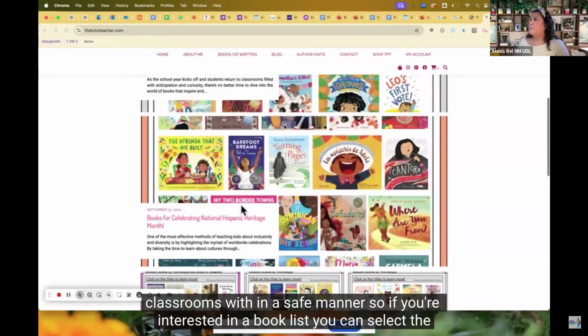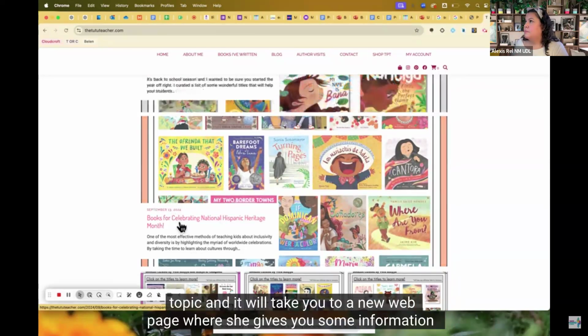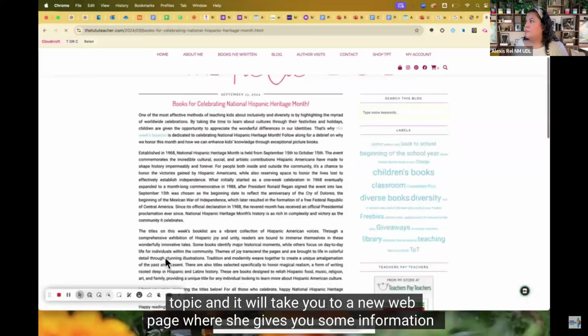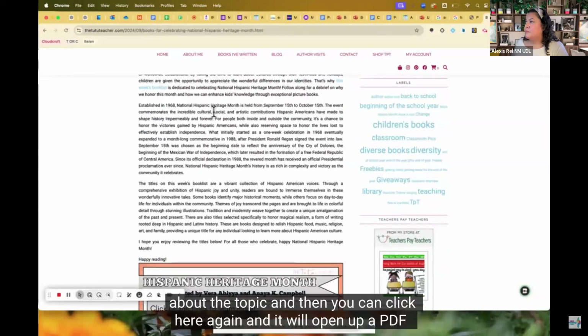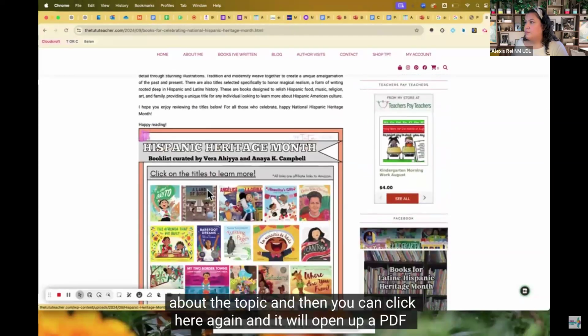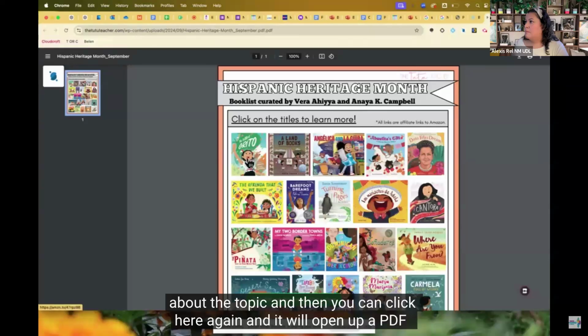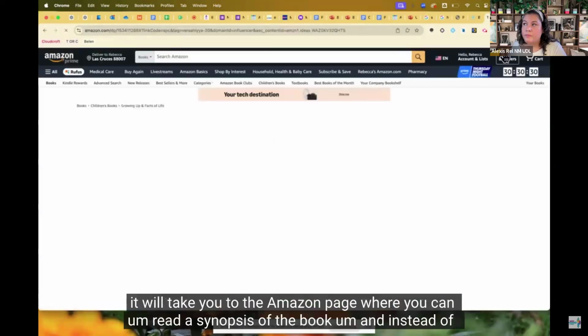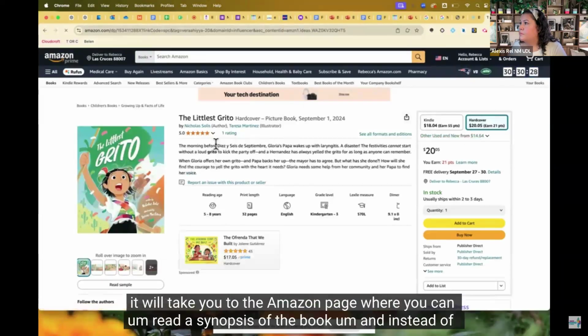So if you're interested in a book list, you can select the topic, and it will take you to a new web page where she gives you some information about the topic. And then you can click here again and it will open up a PDF with book covers. And then you can click on the cover of the book. It will take you to the Amazon page where you can read a synopsis of the book.